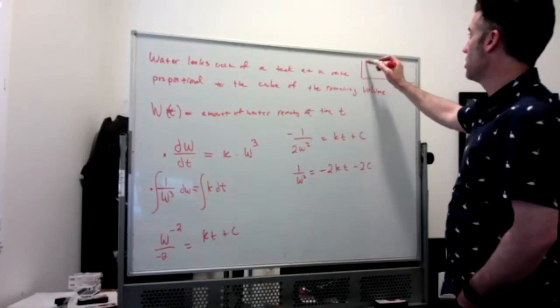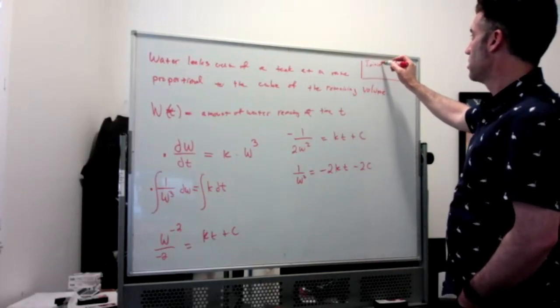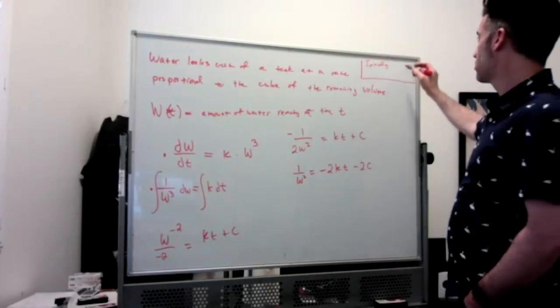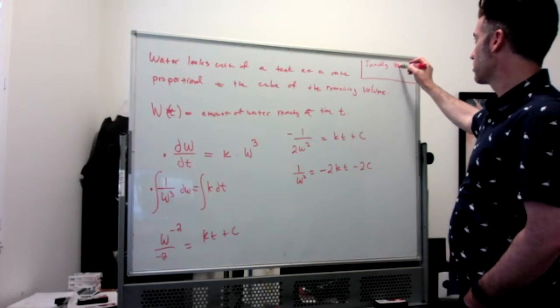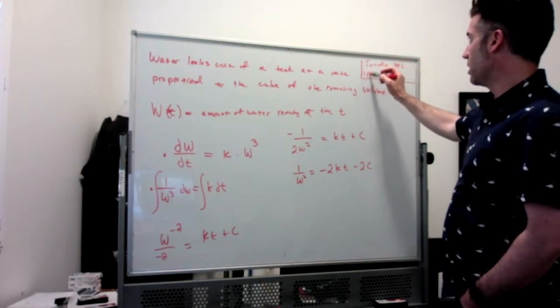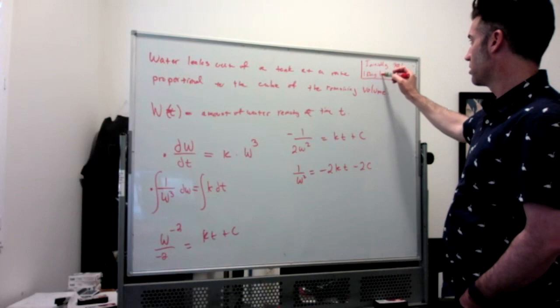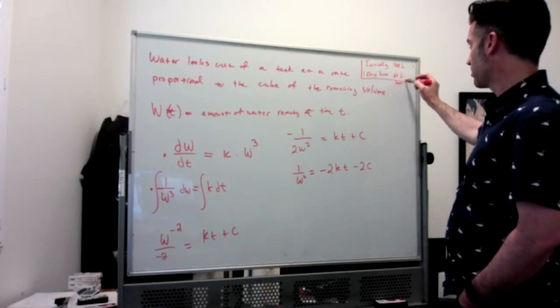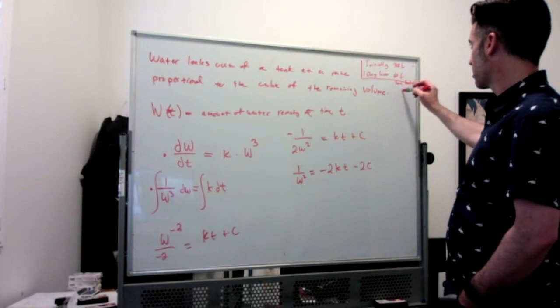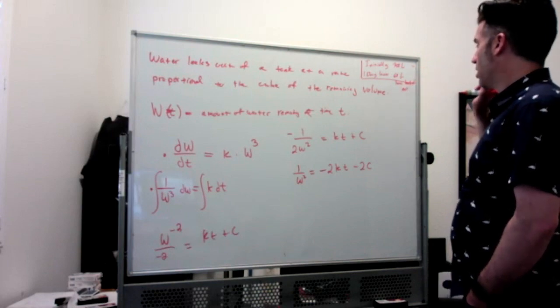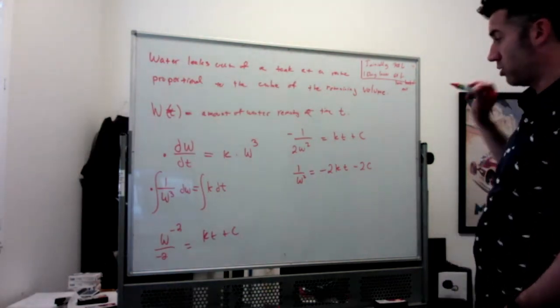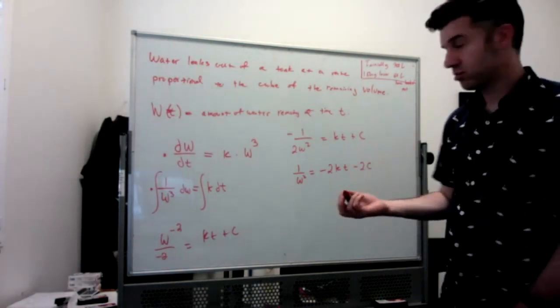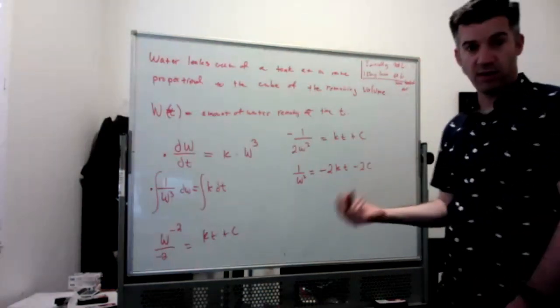So initially, there are, let's say, 300 liters, and 1 day later, 60 liters have leaked out. So when time equals 0, that's initially, we have 300 liters.